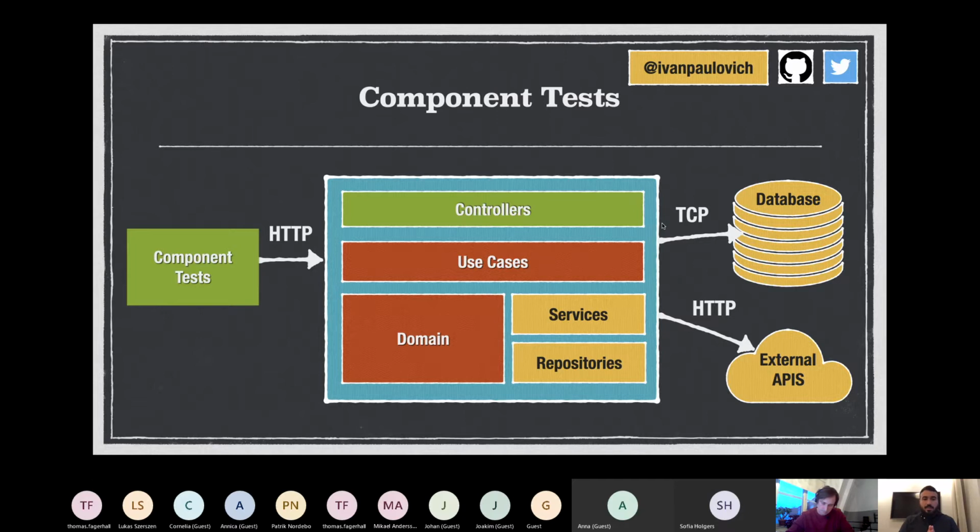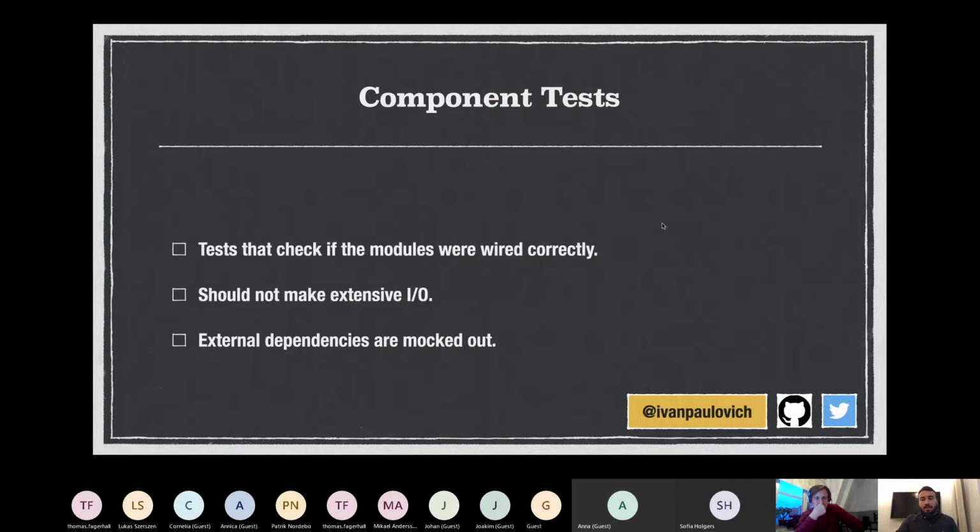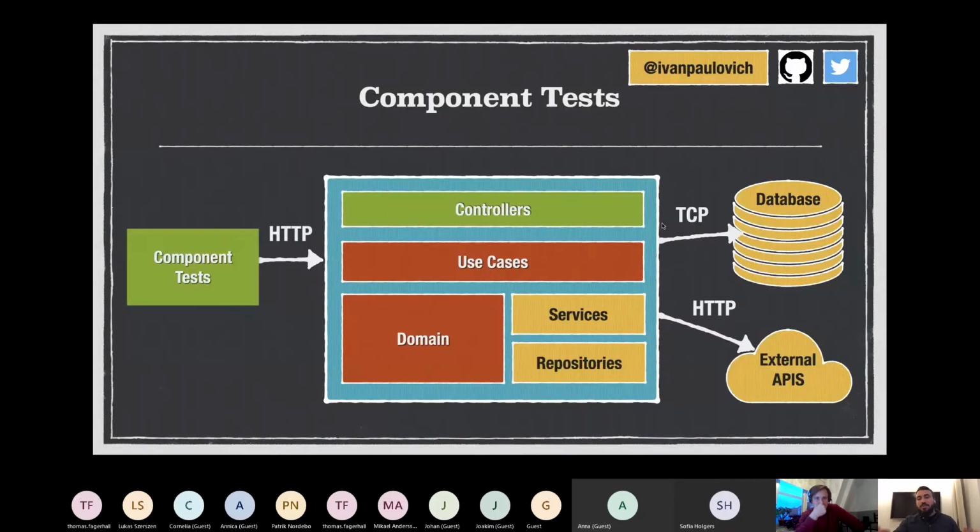Another characteristic of tests is testing the component in itself. As a component, I'm talking about the models that are internal to the software. So without going to this yellow part, without going to the database or external API here.